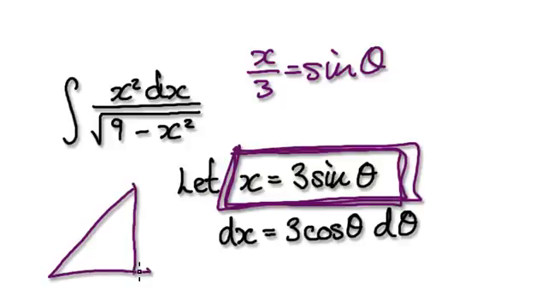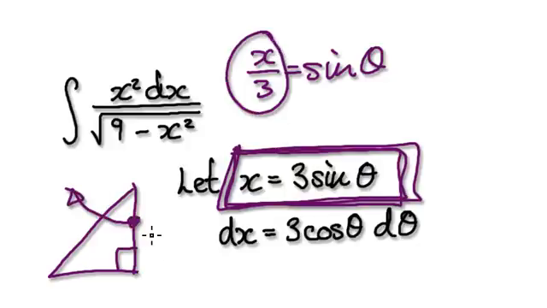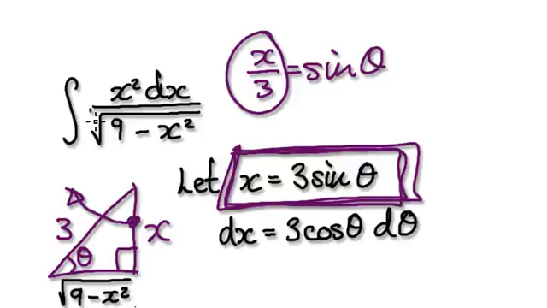Draw your diagram like this, where sine is this. This is x, this here is 3, and this here is theta. If this is x and this is 3, then using Pythagoras, this thing must be root 9 take away x squared.